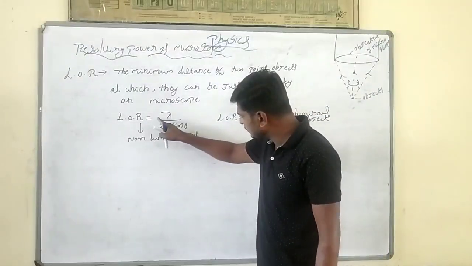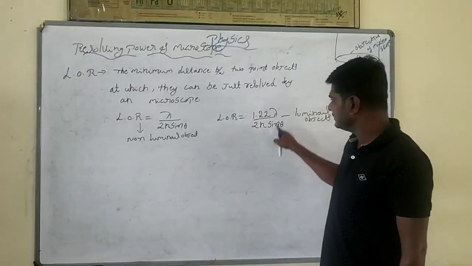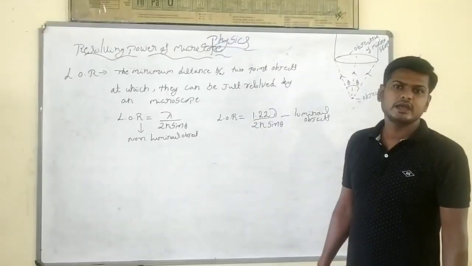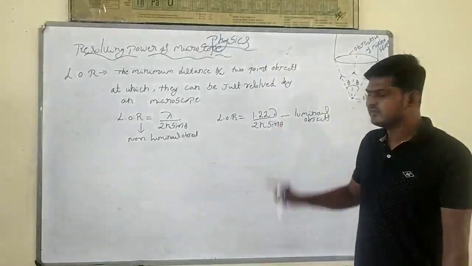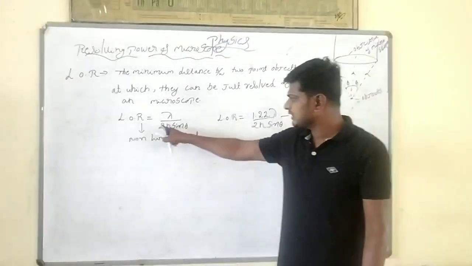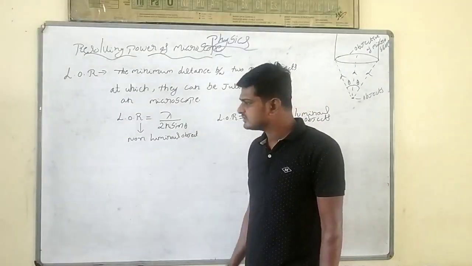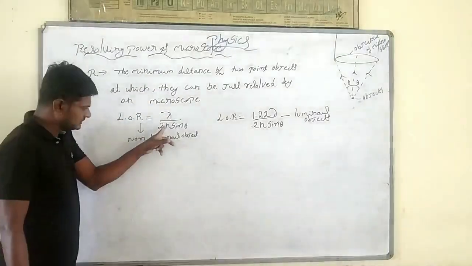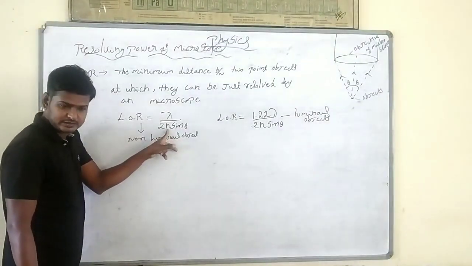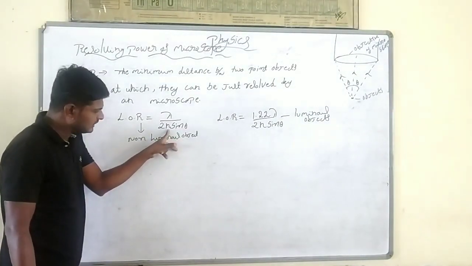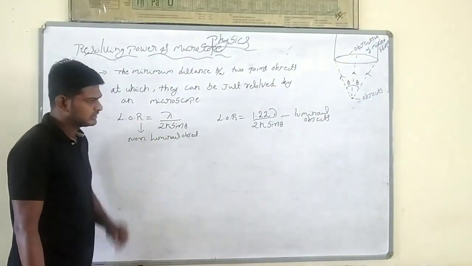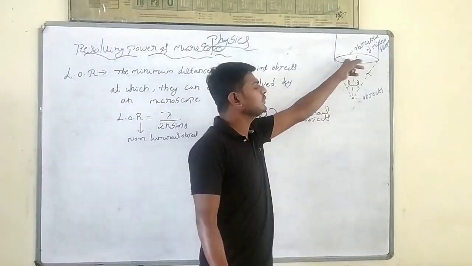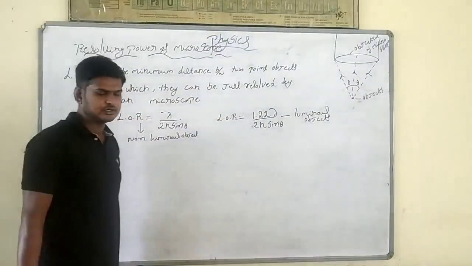This is for luminous objects with the 1.22, which is the correction factor due to diffraction effects. This is for non-luminous objects. This is the wavelength, this is the refractive index of the medium surrounded by the object, and the 2 sin theta is the semi-vertical angle subtended by the objective and object.